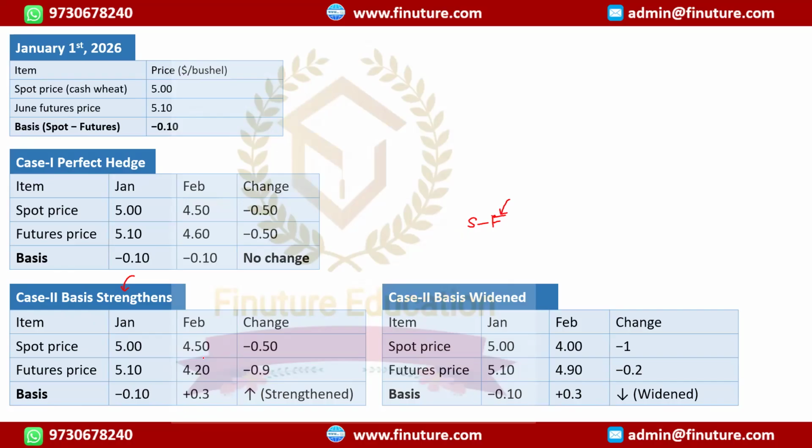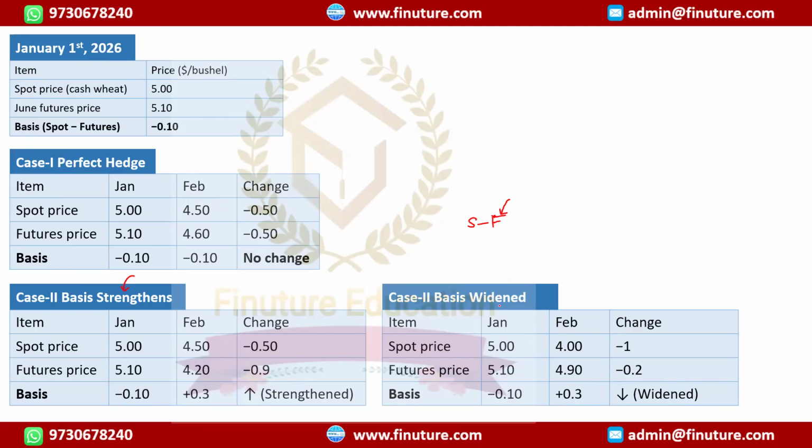So the basis increased from minus 0.1 to 0.3. Usually these comparisons are not required, but in the exam you should keep focus on this. If this moves in a positive direction, then you say your basis has strengthened. And as we discussed earlier, strengthening of the basis works in favor of short hedgers.